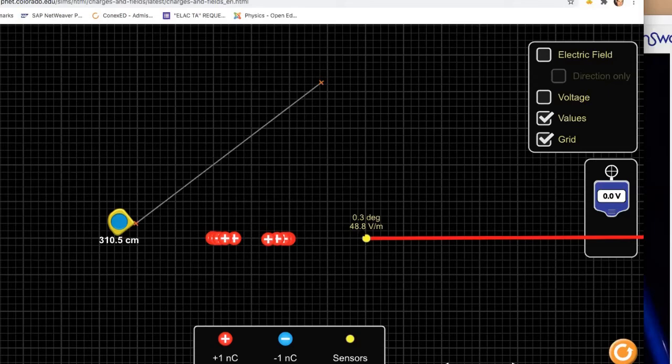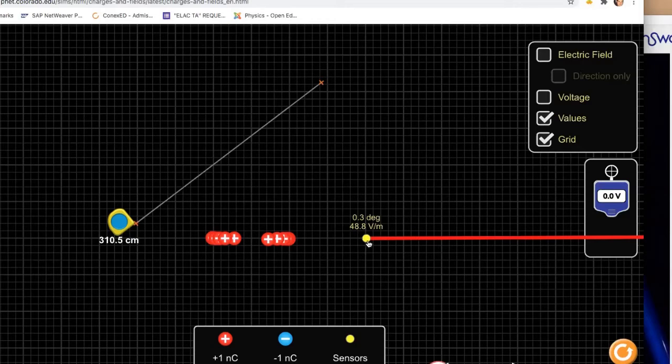Now it's 48.8. So that's kind of mimicking a square function. It's increasing rapidly this way, 48.8. So you see it's increasing more.